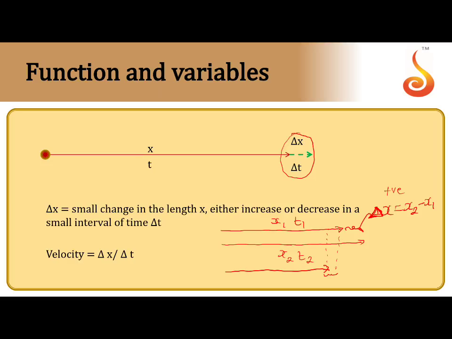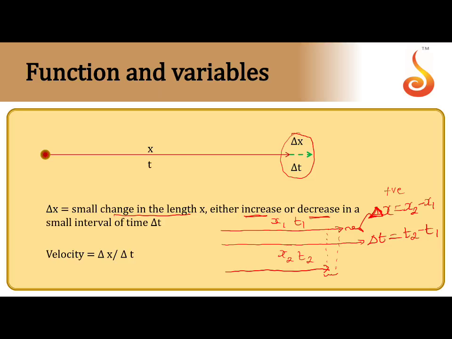It is called the change in the value of x. In the same way, there is a very short difference in the time interval, t2 minus t1. So I want you all to understand delta x is a small change in the length. It can either be the increase in the length or decrease in the length.